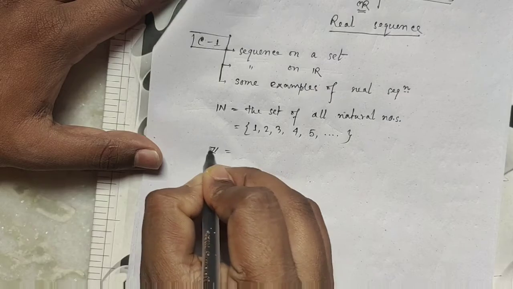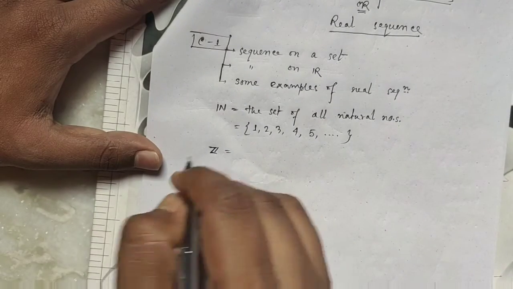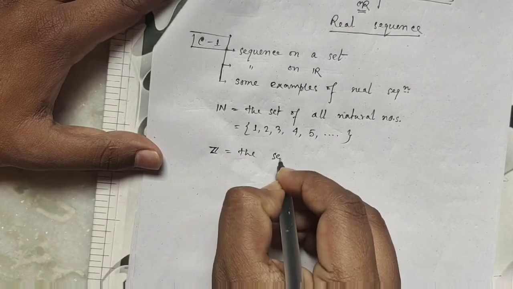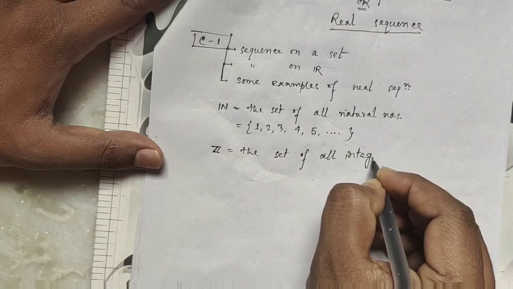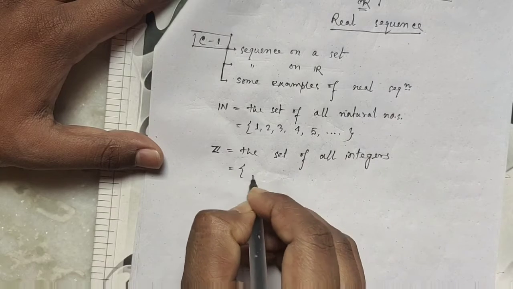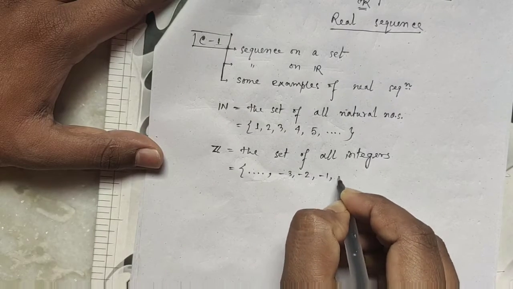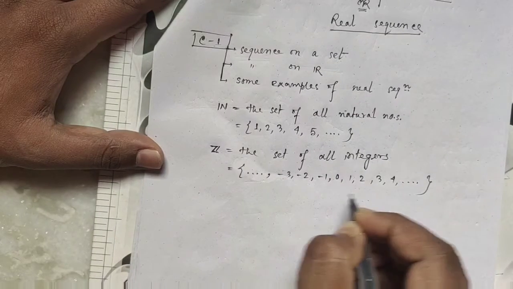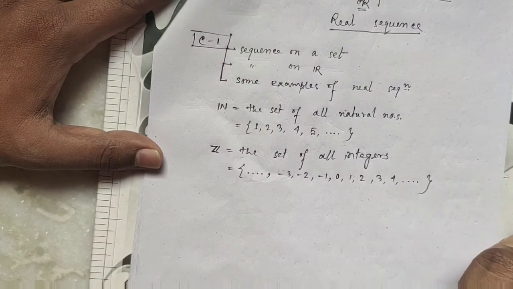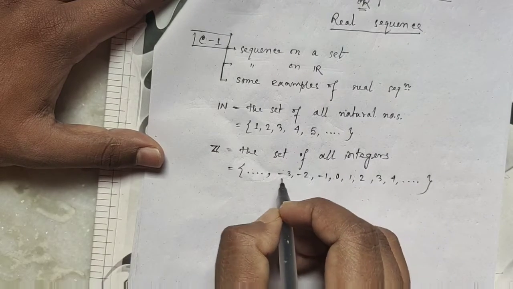Z, this is script Z, the set of all integers: 1, 2, 3, 4, and so on, 0, -1, -2, -3, and so on.